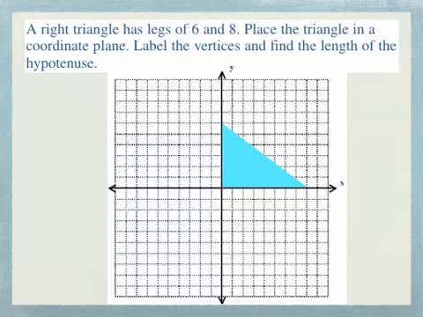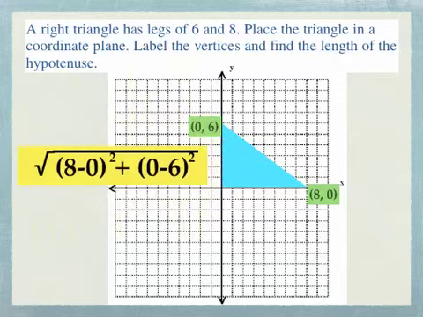The vertices' ordered pairs are going to be pretty easy to plug into the distance formula because you're going to have one that is 0. So if you notice, this ordered pair would be at 0, 6, and this vertex would be at 8, 0. When I plug it into the distance formula, it would be the square root of 8 minus 0 squared plus 0 minus 6 squared.